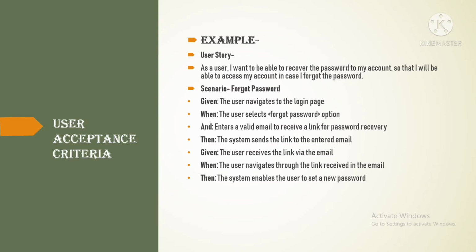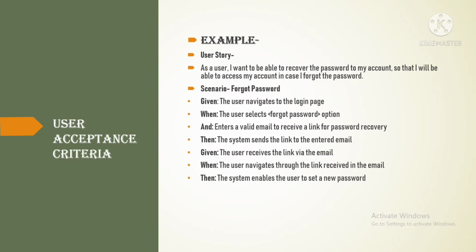Here there are a few preconditions which have to be met, like the login page works and receiving the link on the email. Then there are a few actions like clicking the forgot password link, entering the email ID, and navigating through the link in the email.